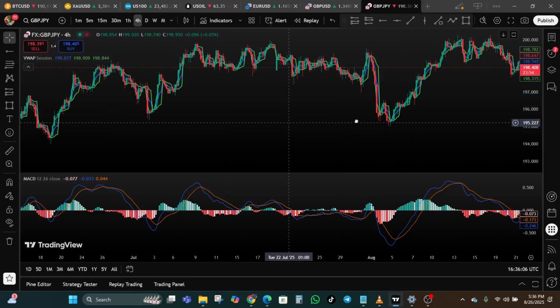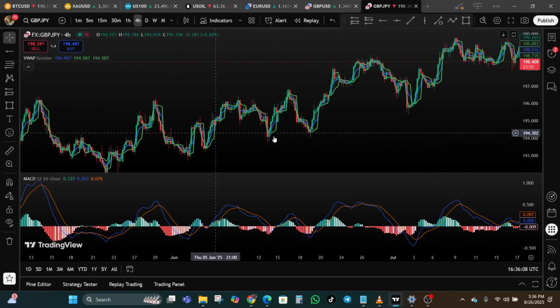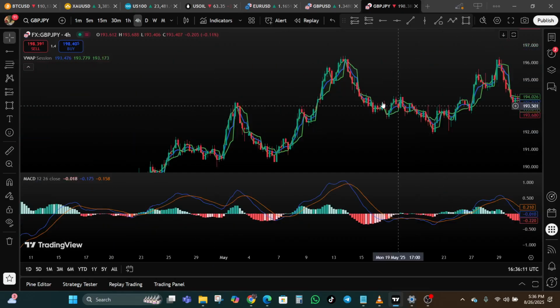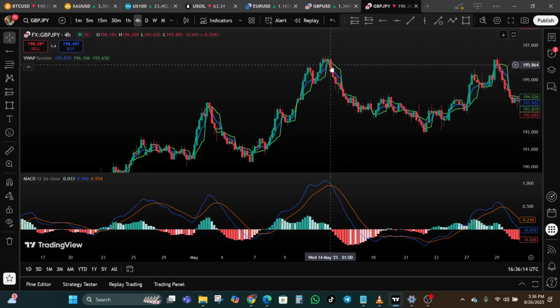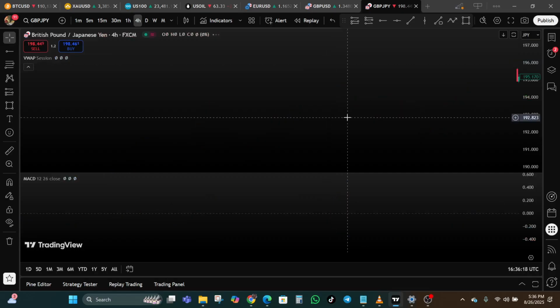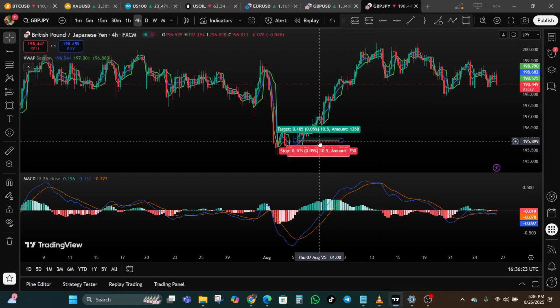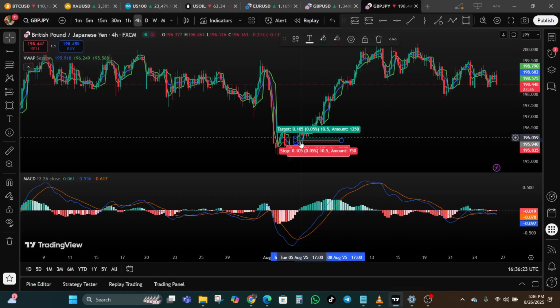The reverse is the case for a sell. Once you have the conditions for a sell trade, you look for a bearish candle to give you confirmation. Once you have your bearish candle confirmation, you can proceed with entering.